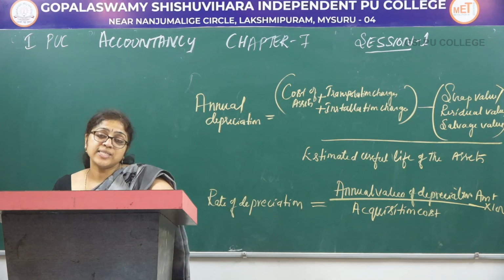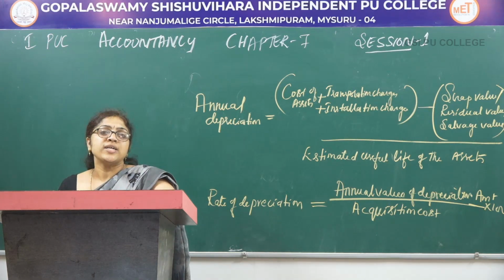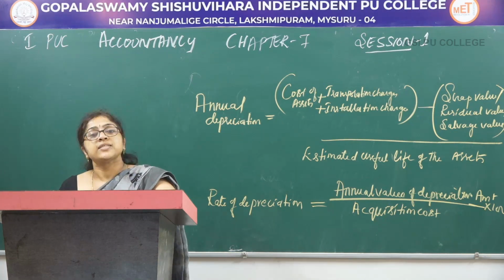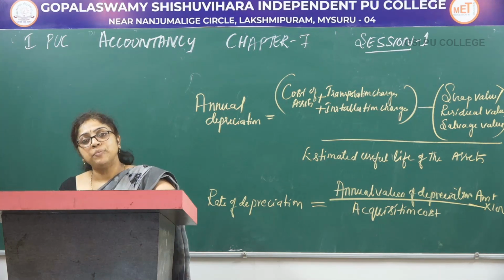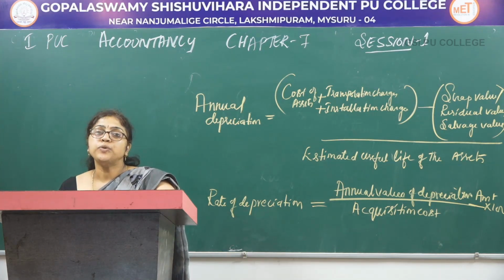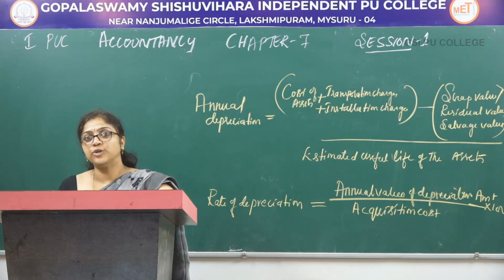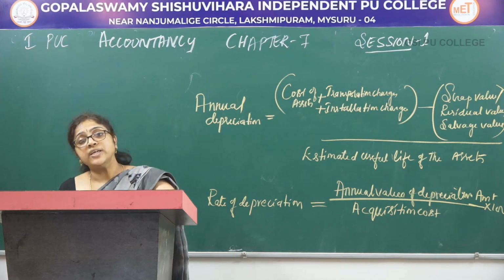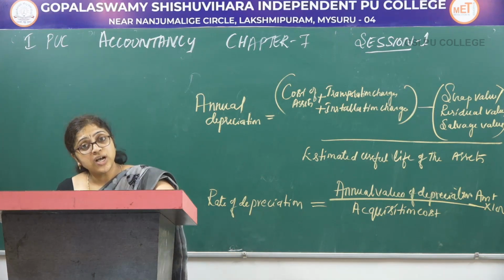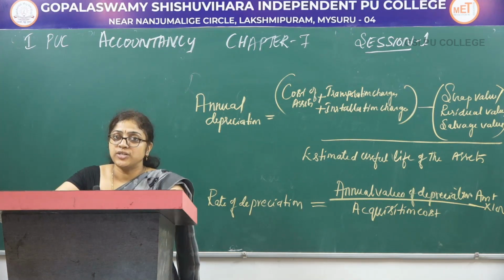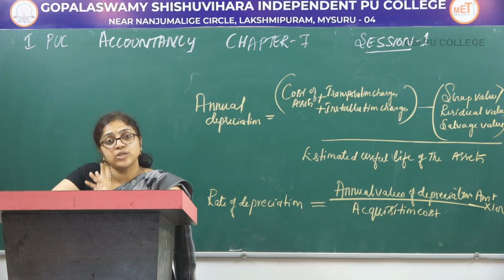So what are the advantages of straight line method? It is very simple, easy to understand and apply. Second, assets can be depreciated up to the net scrap value or zero value. Third, every year the same amount is charged as depreciation in the profit and loss account.